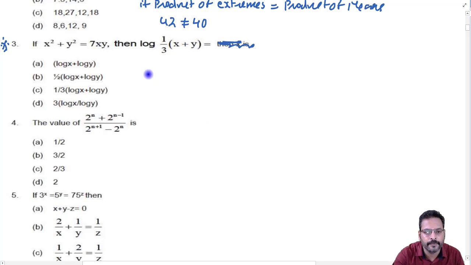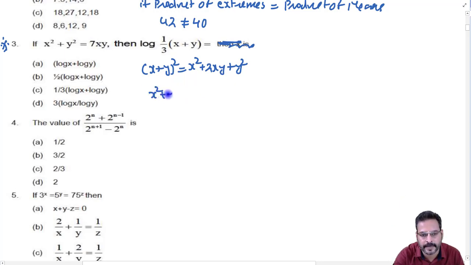Okay, so we know that x plus y the whole square is equal to x square plus 2xy plus y square. Okay. So that means it can be written as x square plus y square plus 2xy. So we know that from the question it is given that x square plus y square is equal to 7xy. If we add 2xy, then we have to add 2xy to the RHS also, 7xy plus 2xy.